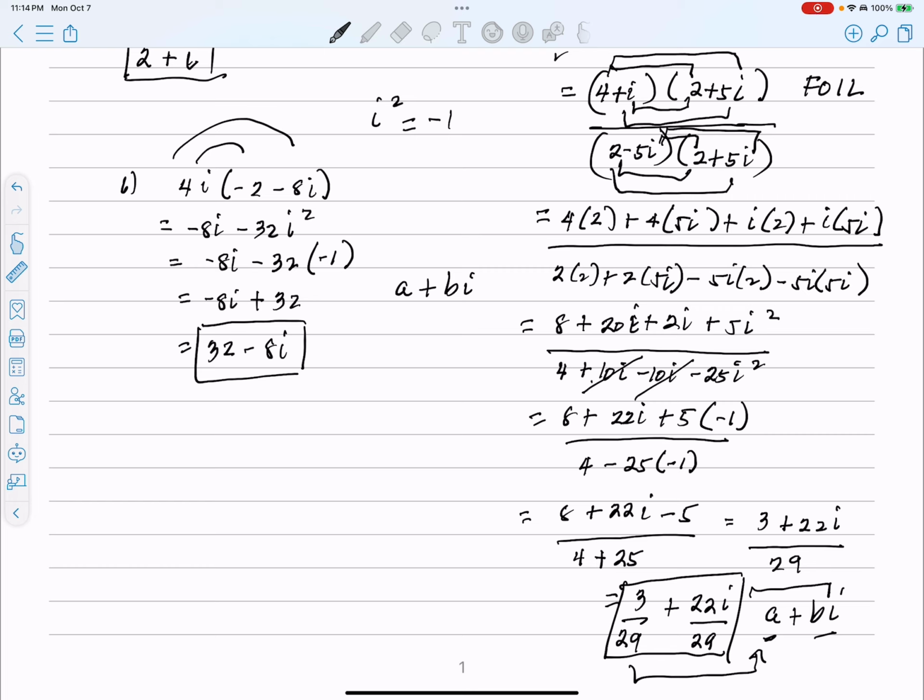So I hope this helps you in preparing for your review for the AP Precalculus exam. If I can do it, so can you. Alright, this will be the last review topic for the prerequisite review for AP Precalculus.